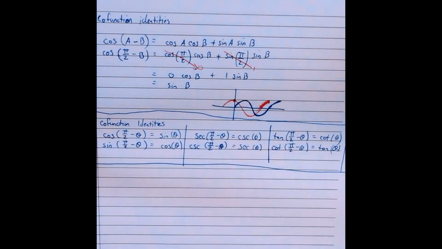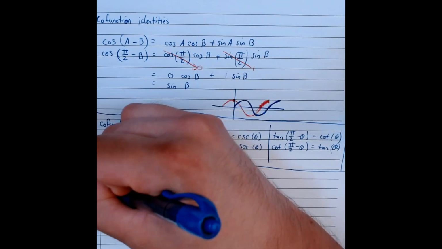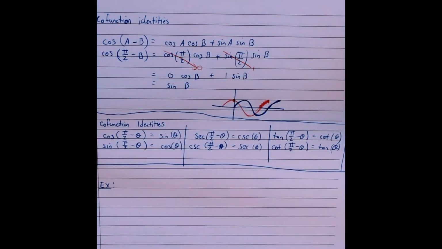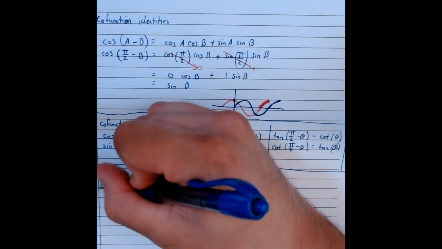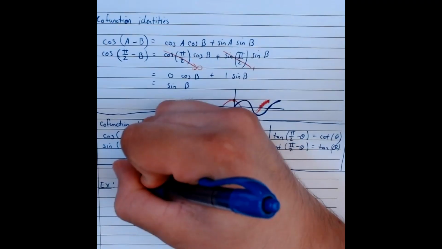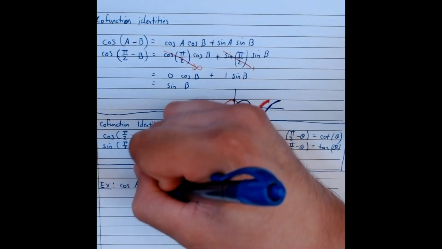We're still looking at the sum and difference formulas. Let's say we know that the cosine of an angle, and we're just going to say A and B, the cosine of an angle A is equal to negative 8 over 17.